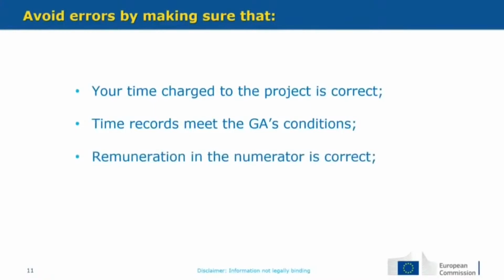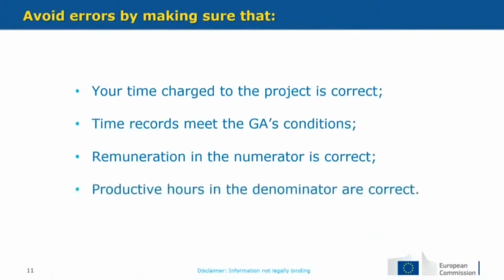And in the remuneration, the numerator is correct. As explained earlier, you do not include ineligible items. You only include those elements that come from the labor contract. And then for the down part of the calculation, the productive hours in the denominator are correct, meaning either you simply use option 1 and then there is nothing else to check further, or if you use option 2 or 3, you make sure that the conditions to use these options are fulfilled.